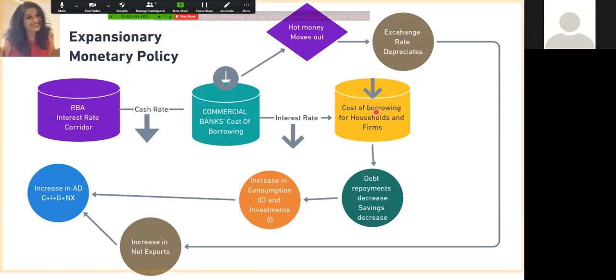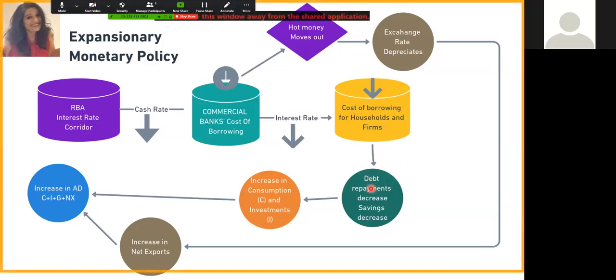And on the other side, because interest rates are lower, the cost of borrowing for the households has gone down. Therefore, the debt repayments decrease. People will have lesser savings because the interest rates have gone down, so they would be rather interested in spending and investing, and thus the investments would go up and consumption would go up.